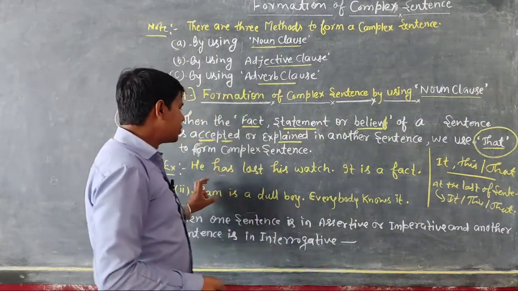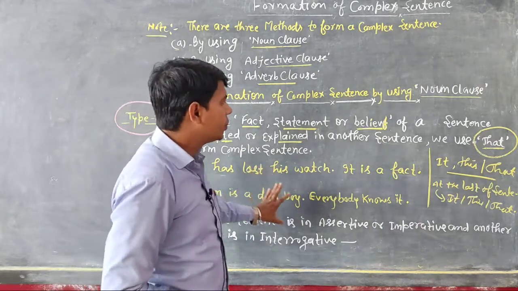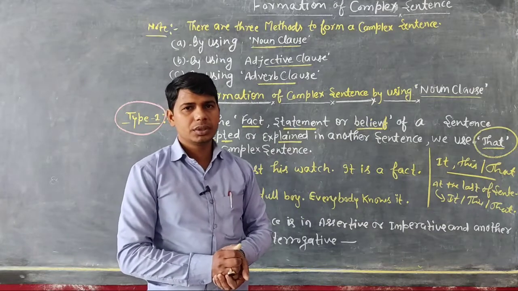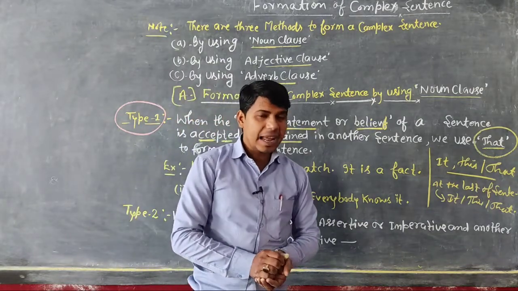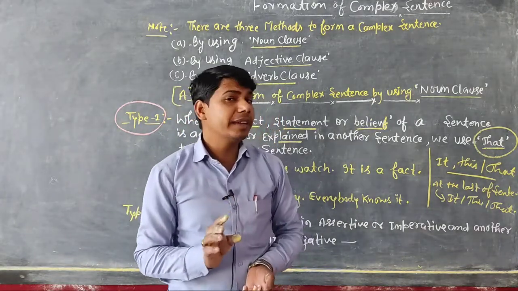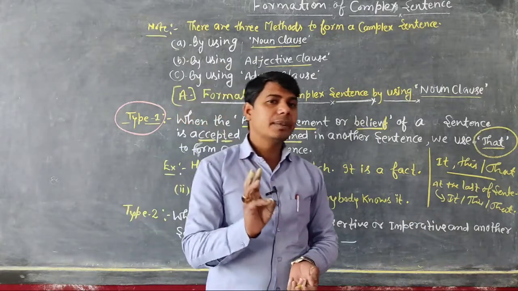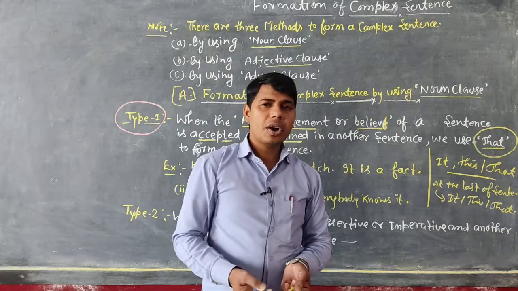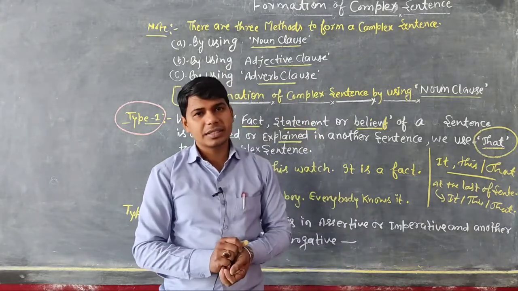So dear students, as you know, a noun clause functions as a noun, and we know very well a noun can be used as the subject or as the object of the sentence.